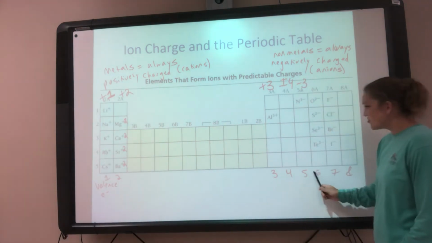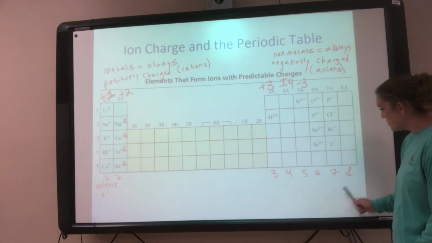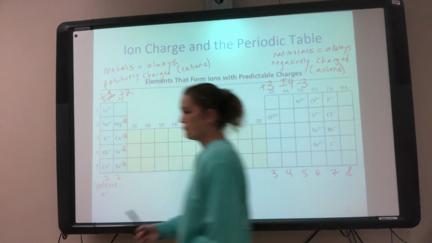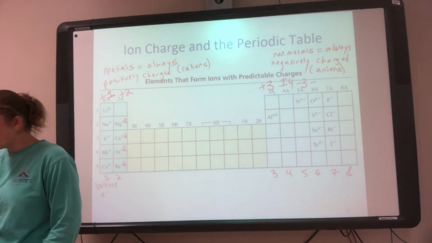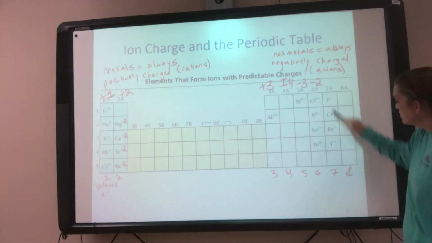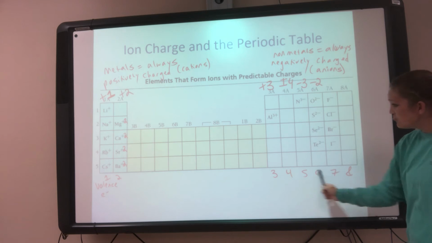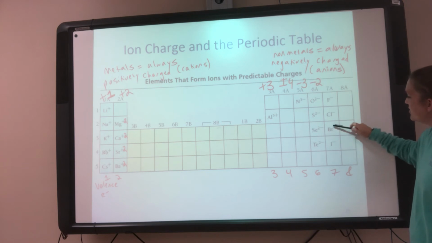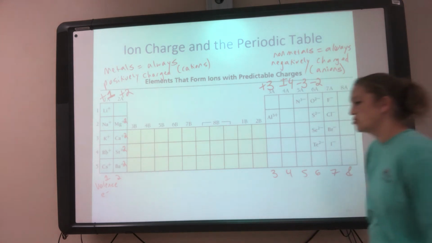I can either lose 6, gain 2. So it's easier for me to gain 2 and become -2. So remember, nonmetals want to become an anion. Column 7, I can either lose 7 or gain just 1 guy. So he's just going to want to gain 1 electron, become a -1 charge.